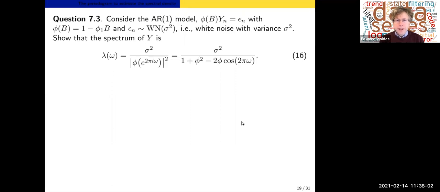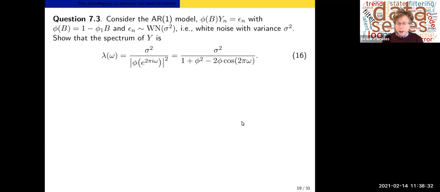So let's do that for the AR(1) model, simple model, which I'm going to write in its more general form as phi(B)X_n = epsilon_n, where epsilon_n is white noise with variance sigma squared, which I'm going to write as WN(sigma squared), and phi(B) is 1 minus phi_1 B. And so let's go ahead and practice our algebra.